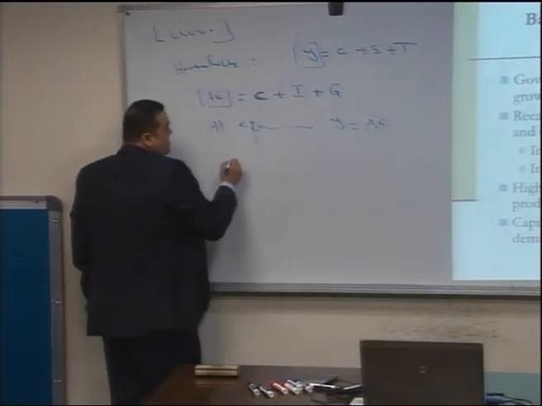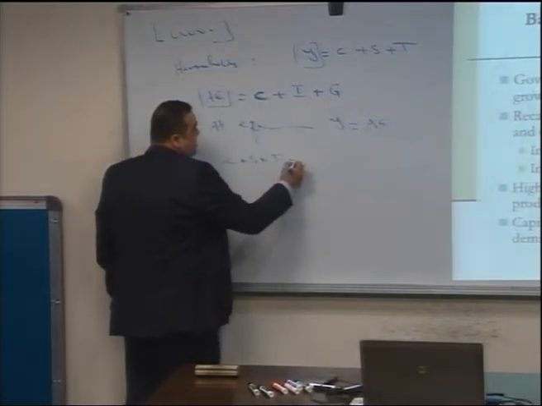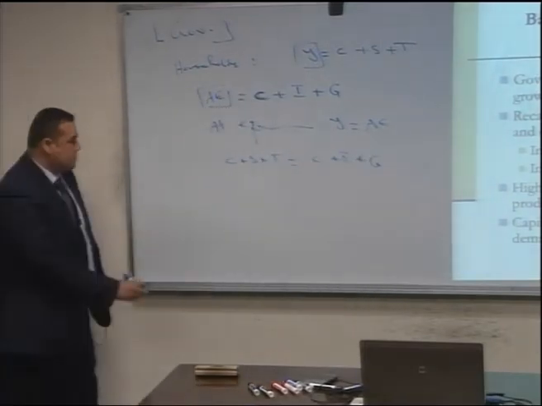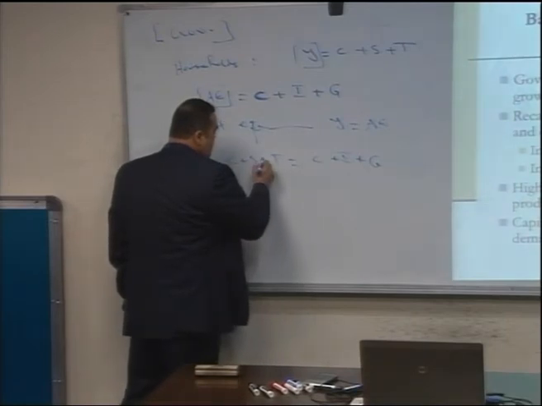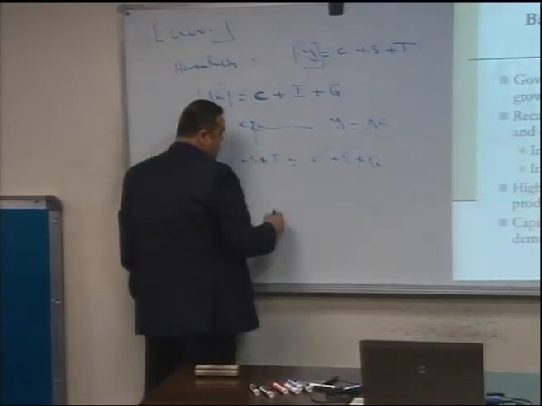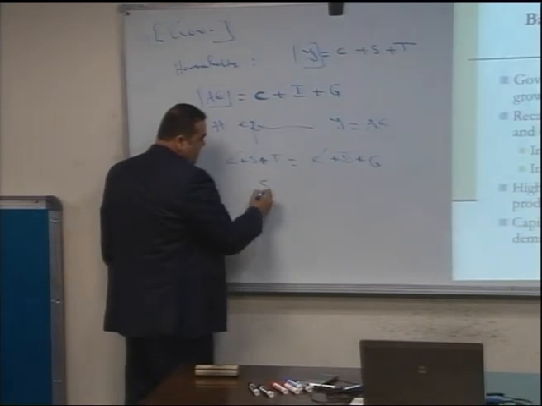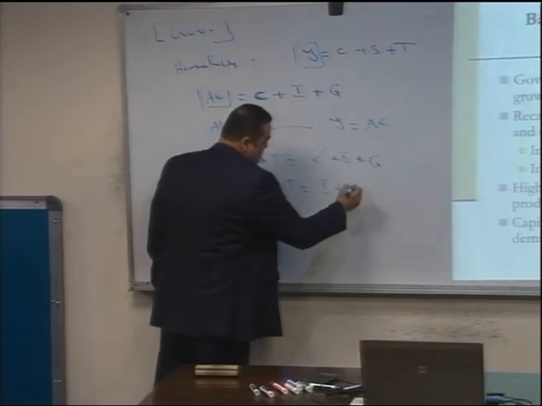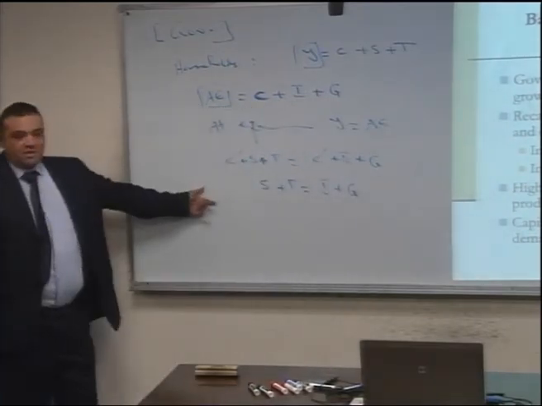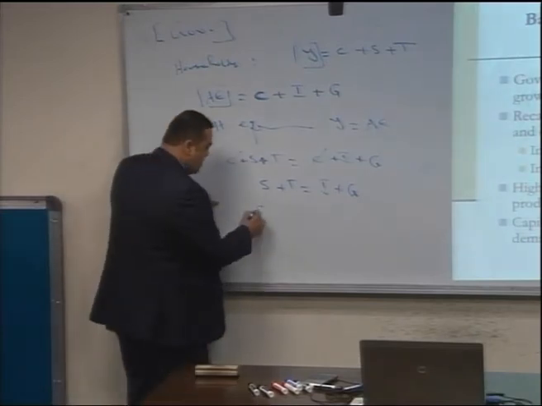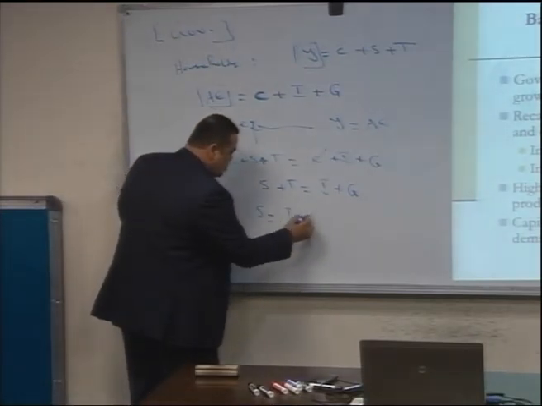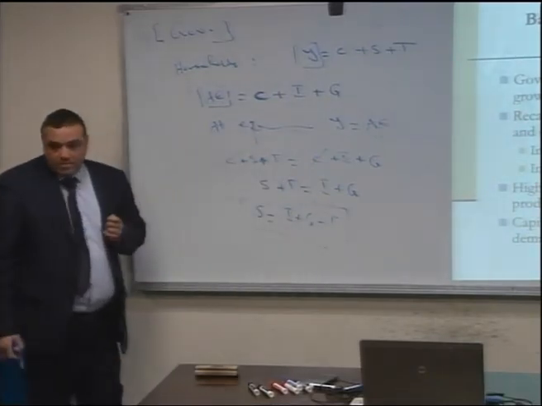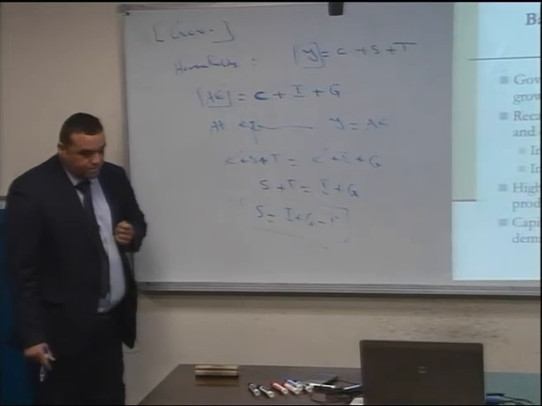So C plus S plus taxes equals C plus I plus G. So S plus T equals I plus G. How much is saving here? Saving equals I plus G minus taxes. Okay? This is the aggregate saving.